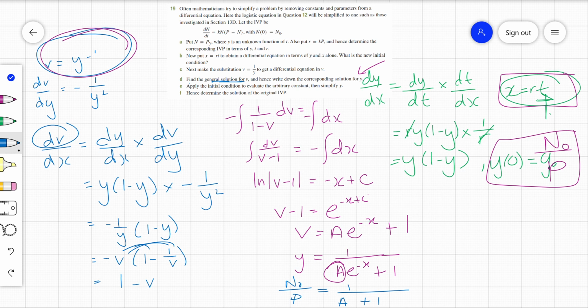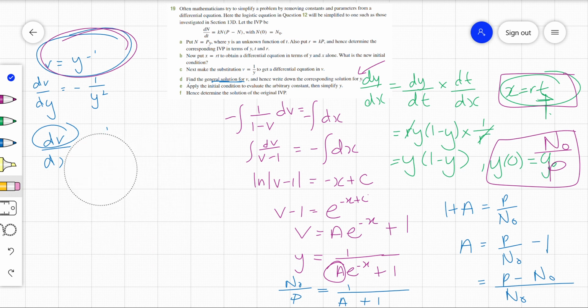So you can see here then my 1 plus a, if I reciprocate, is going to be p on n0, so my arbitrary constant a will be this, take away 1. So if we now, I might actually put it as a common denominator. There we go.